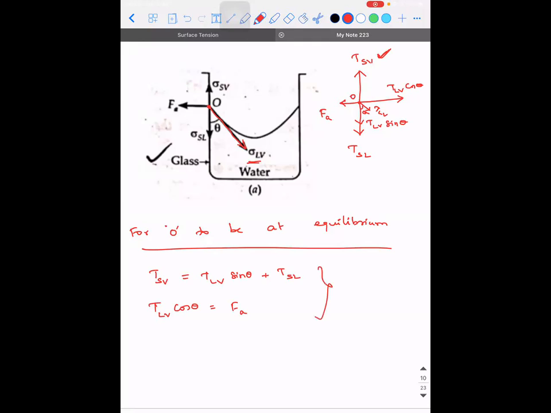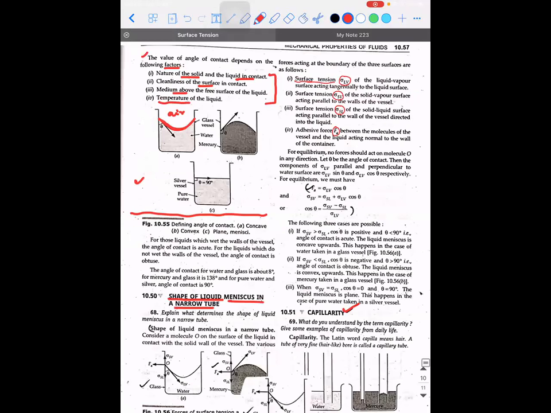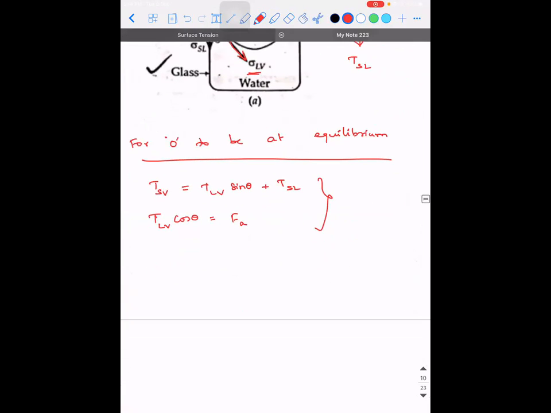So these are the two mathematical expressions which we are going to get for the liquid, for the molecule at O to get balanced. That is for equilibrium. FA must be equal to TLV cos theta, and TSV should be equal to TSL plus TLV sin theta. So from this, if you try to find the value of cos theta from this, one minute.